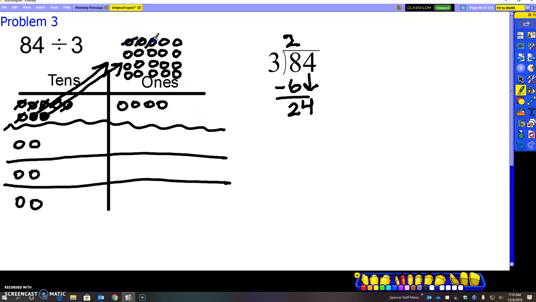So 1, 2, 3, cross them off and record them. 1, 2, 3, again and again, until all the groups of 3 are crossed off.